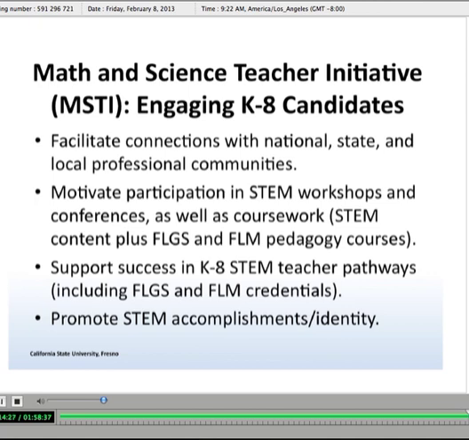We support attendance at STEM-related workshops and conferences in California, and we provide free CSET workshops and pedagogy courses for the students who want to add on that foundational level credential, as well as reimbursement for CSET and credential application fees. And we want to find ways to also help celebrate and promote student accomplishments and help the students solidify their identity as confident and respected teachers of science and math.